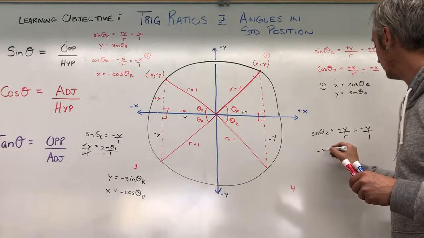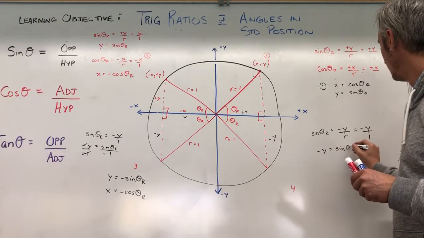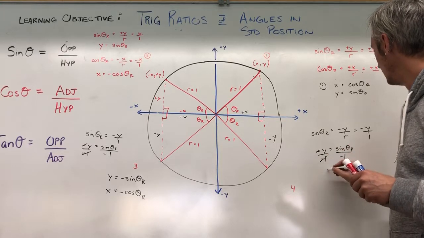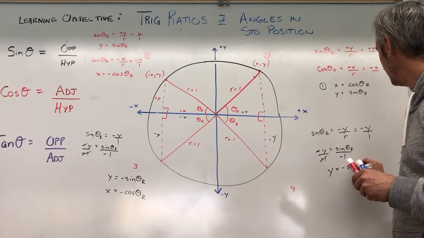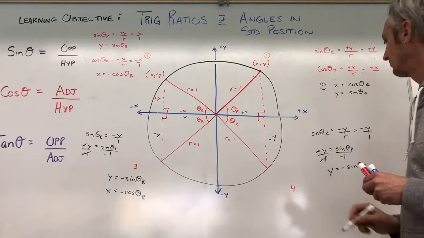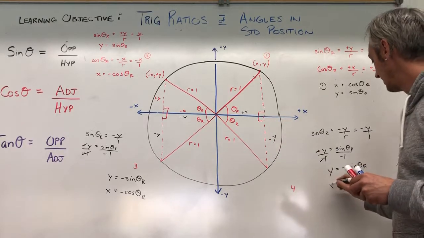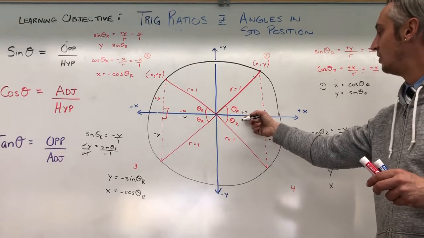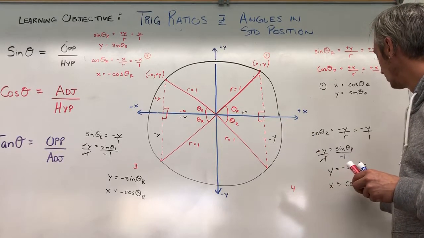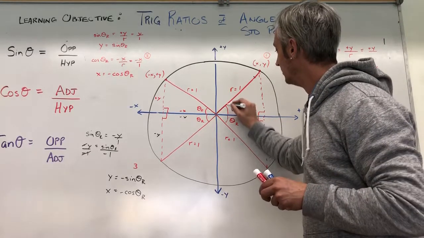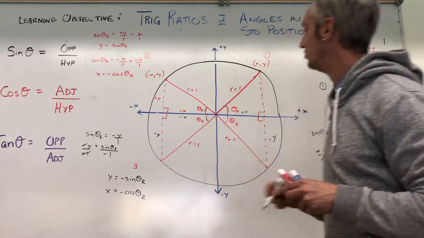Then negative y is equal to sine theta r, divide by negative 1, and I get y is equal to negative sine theta r. So this has to be a negative number because we're in the negative territory. And x is positive, so x is going to be positive cos of my reference angle.